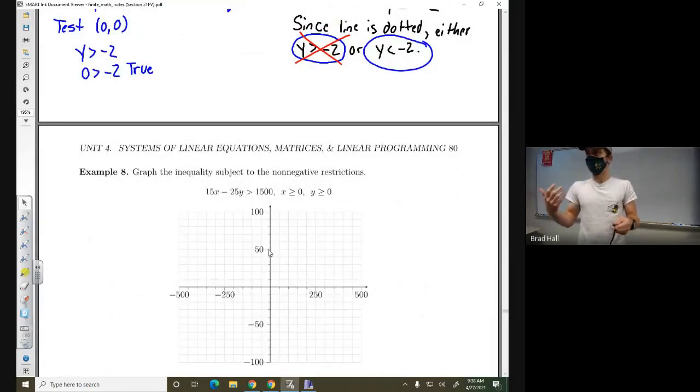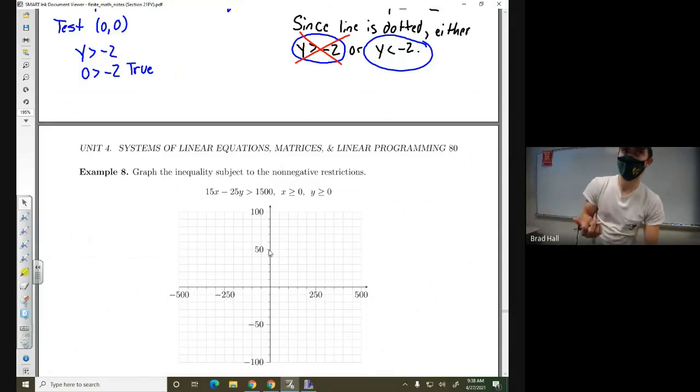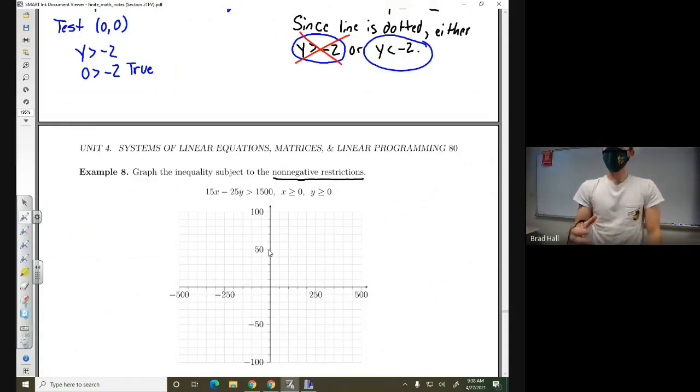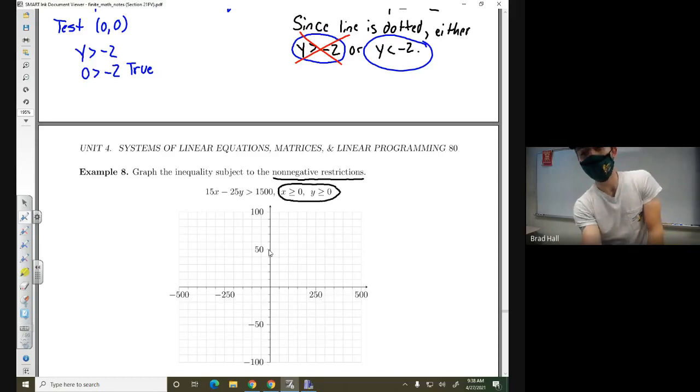Now we're going to be seeing something called non-negative restrictions. What non-negative restrictions do? So non-negative restrictions, well, the good news is they always look the same and they always perform the same role every time. Non-negative restrictions means that we generally use these a lot in word problems.